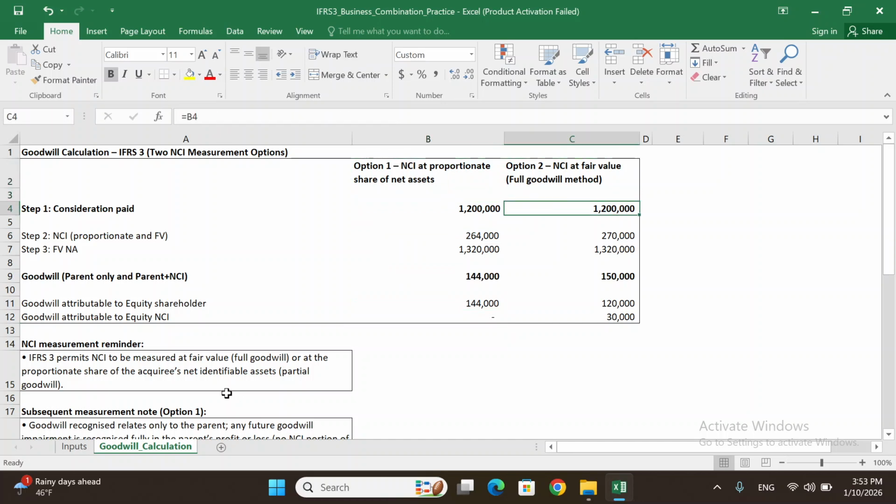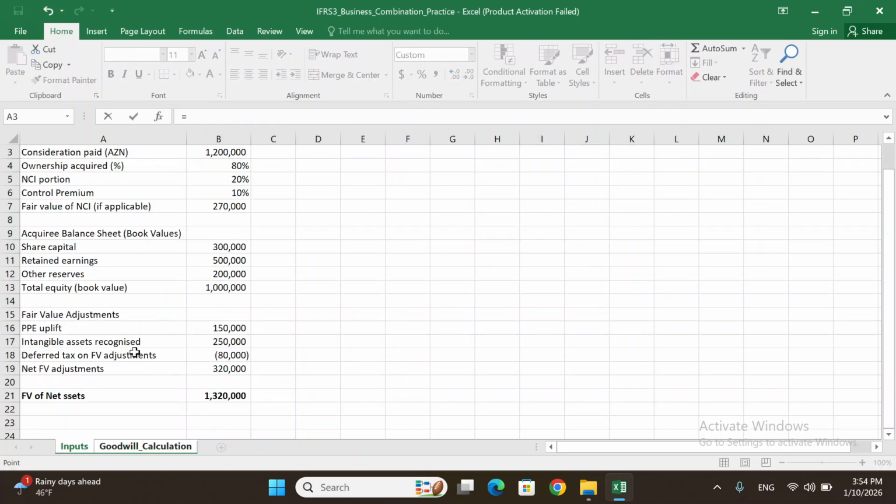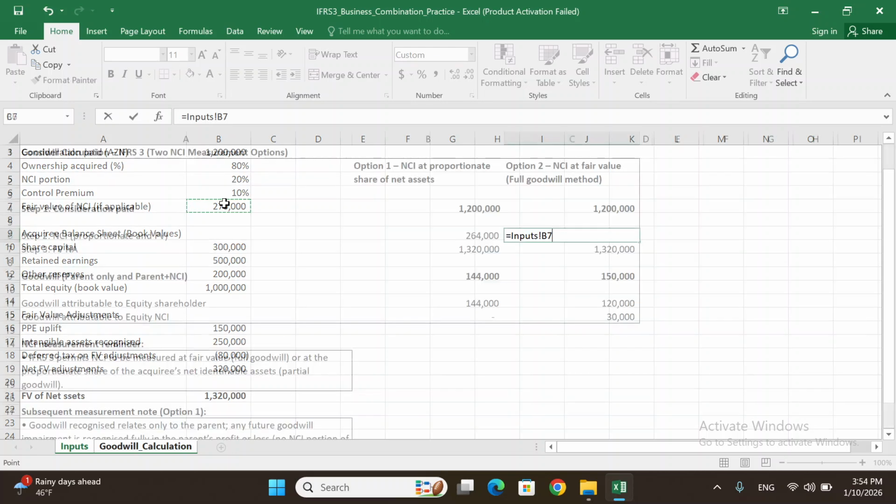And second option, we are calculating NCI at fair value, full goodwill method, and part of the goodwill will be attributable to NCI too. Consideration paid doesn't change here, but NCI portion changes here because we are calculating NCI from fair value.